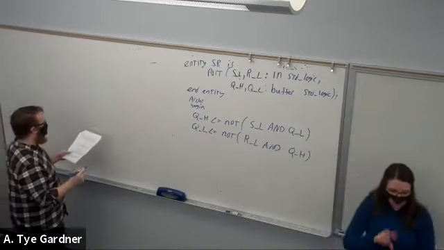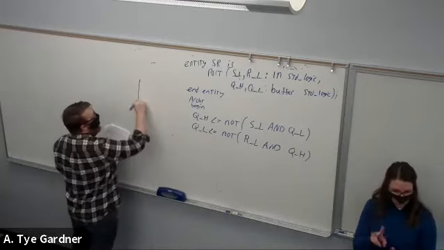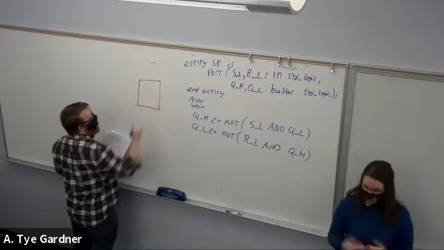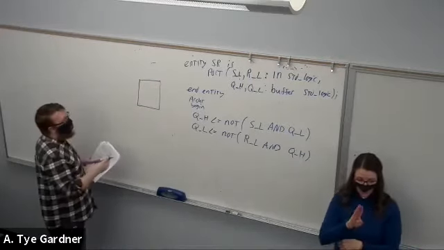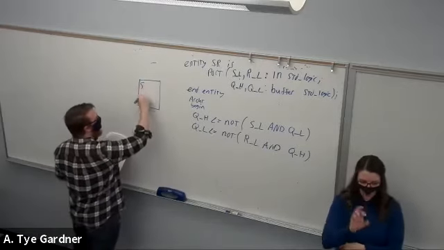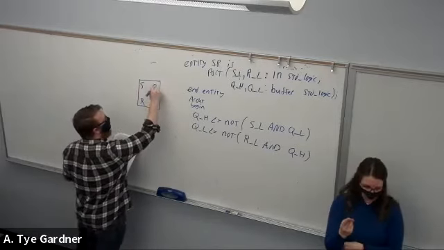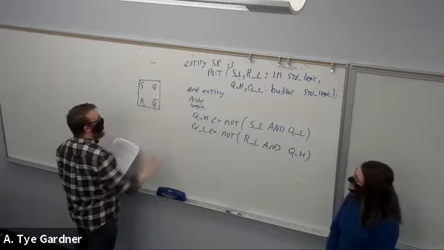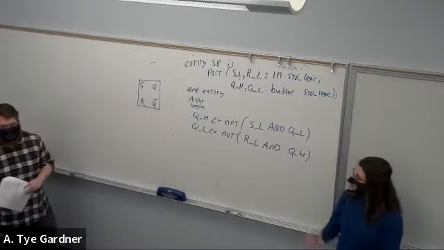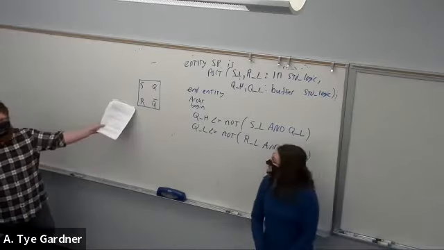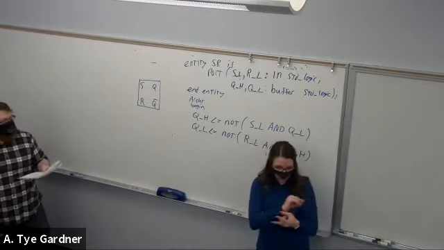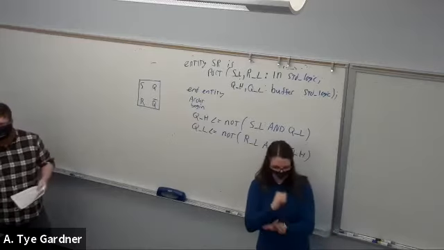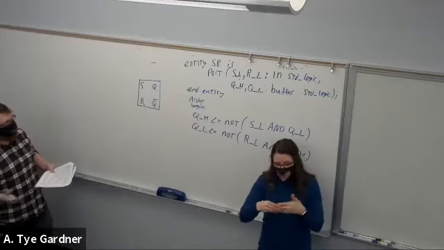So first off, let's create a circuit symbol, a schematic symbol for the SR latch. Like so. That is our representation, so we don't have to sit and draw NAND or NOR gates at all.